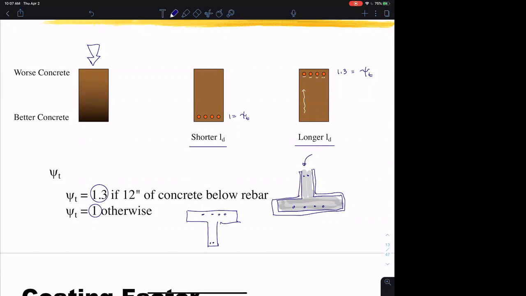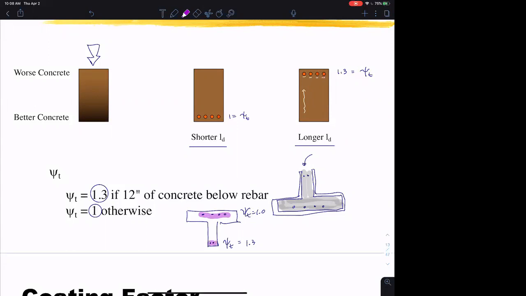I know those bars are on the top, but when you poured the concrete, they were on the bottom. So for these right here, the location factor is 1.